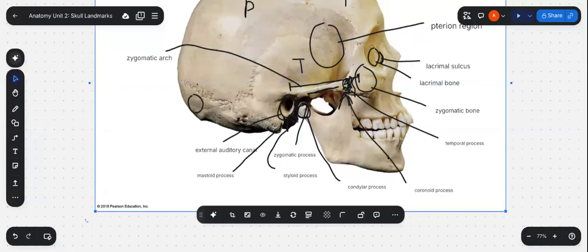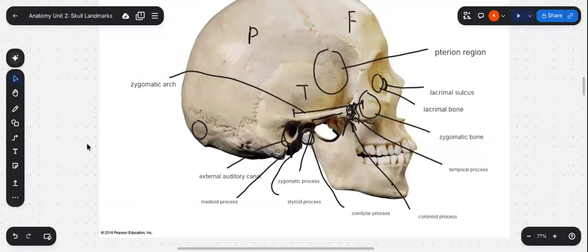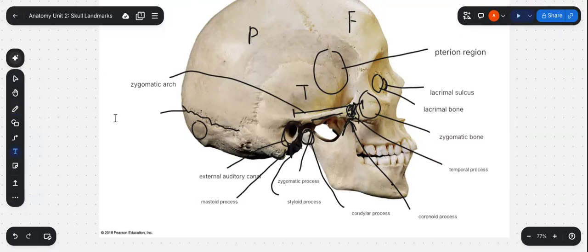All right, that is pretty much everything in terms of landmarks. There are a couple sutures though. The first suture that is important to know is your lambdoidal suture. This little squiggly line over here near your occipital bone is the lambdoidal suture.